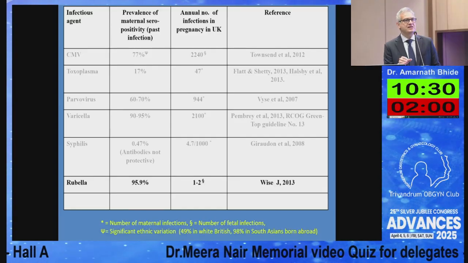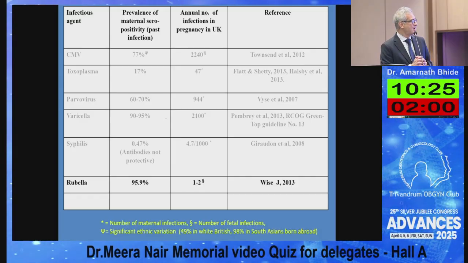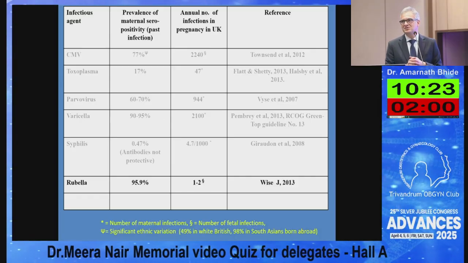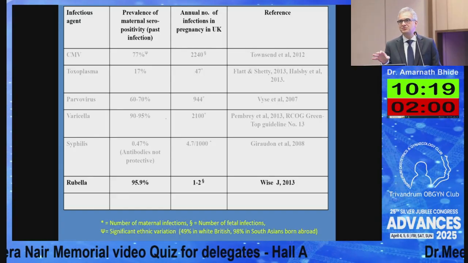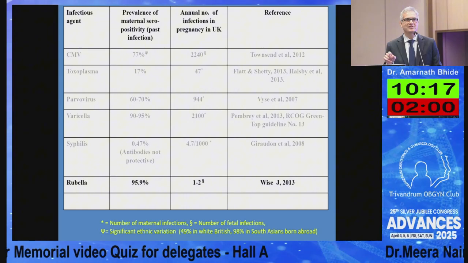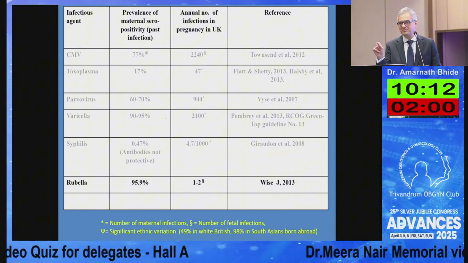Now, although I've said here number of cases is 1 to 2 in the UK, the last case I saw of rubella was a good 10 years ago. The reason behind that is in order to get rubella, you have got to get it from somebody. There's got to be a source of infection.